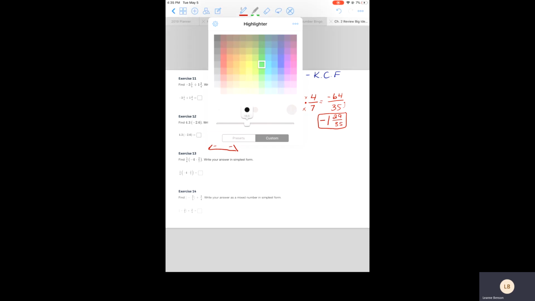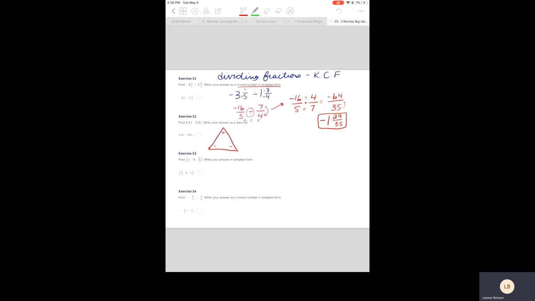So you take your 2 values in your question and you mark those off. I have a positive 4.3, so I'm going to mark that here. I have a negative 2.6, so I'm going to mark a negative value. And whatever's left is going to be the value of your answer. So I know that my answer is going to be negative.